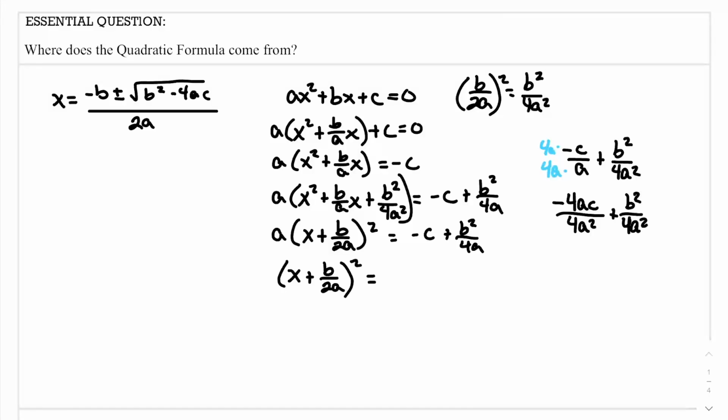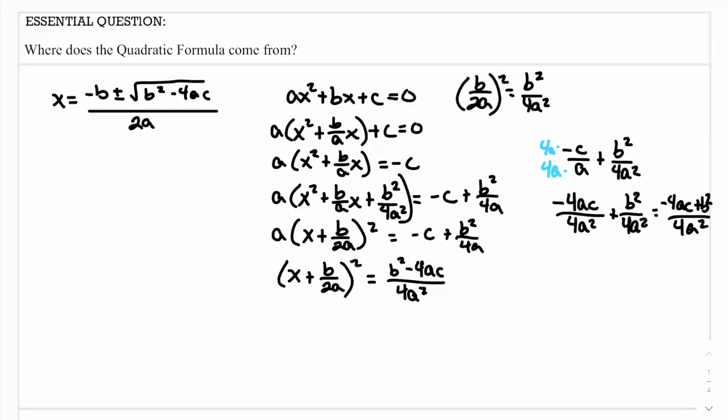And so that gives us negative 4ac plus b squared over 4a squared. If we reverse that, we get b squared minus 4ac over 4a squared. Now hopefully you're starting to see how the quadratic formula is taking shape here.